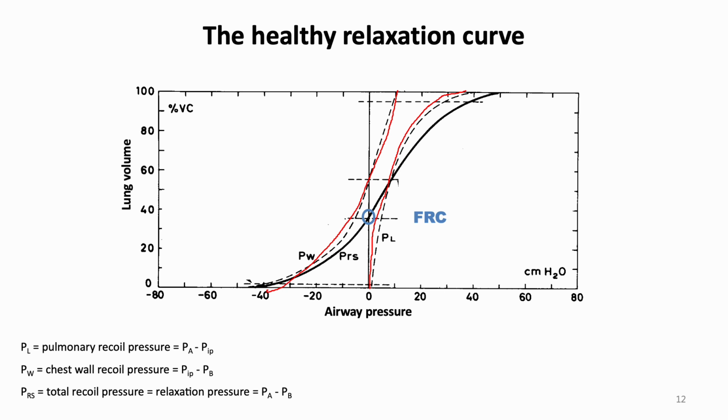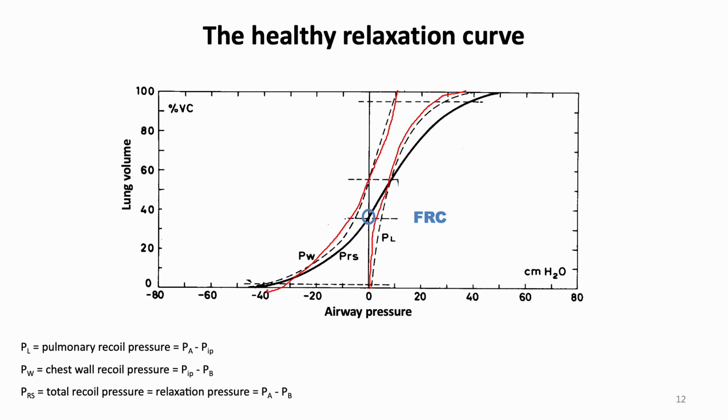And that's because of the opposing forces: the lungs want to contract or become smaller, the chest wall wants to expand, but they're in balance. So the net pressure, the total recoil pressure, becomes 0. So the point where this line crosses 0 here is the functional residual capacity.